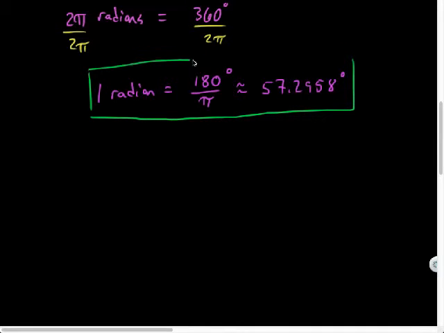So what would 1 degree be in terms of radians? All right, if 2 pi radians is equal to 360 degrees, how would I get a relationship where I just have a single degree here? What could I do to both sides of this equation?